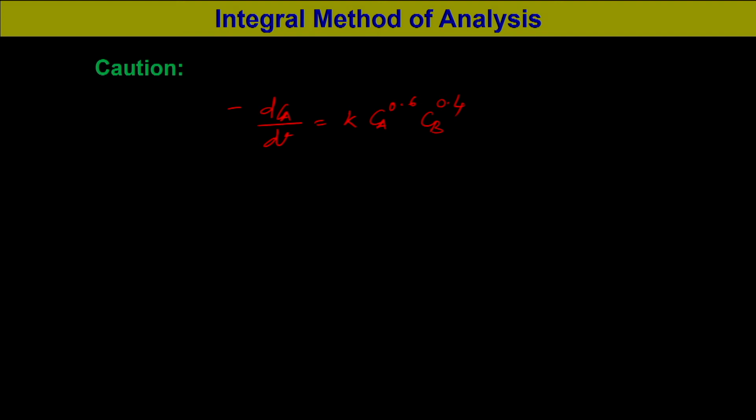So, this is also a first order reaction. The overall order for this rate expression is 0.6 plus 0.4, which is 1.